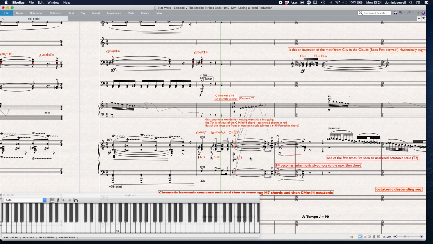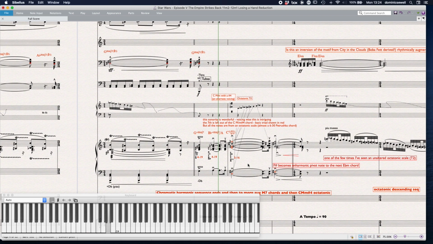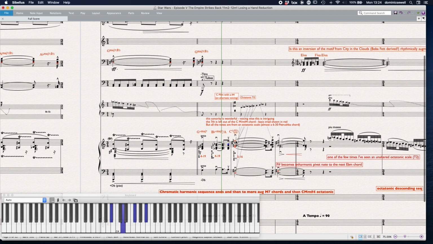And then it leaps up and down. So from A to a C, so a major 6. And then here, and a major 6 there. So it's the same interval that it's leaping up by.